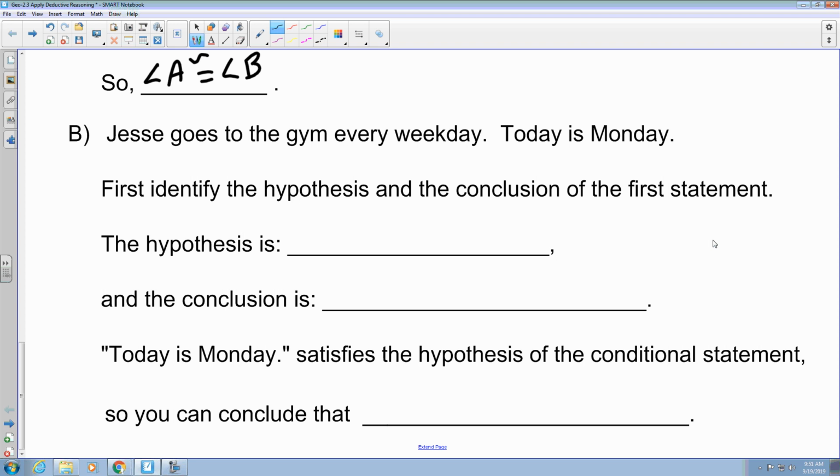The hypothesis is: if it is a weekday, and the conclusion is then Jesse goes to the gym.